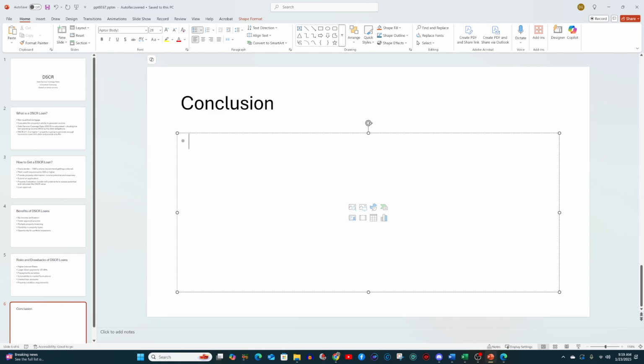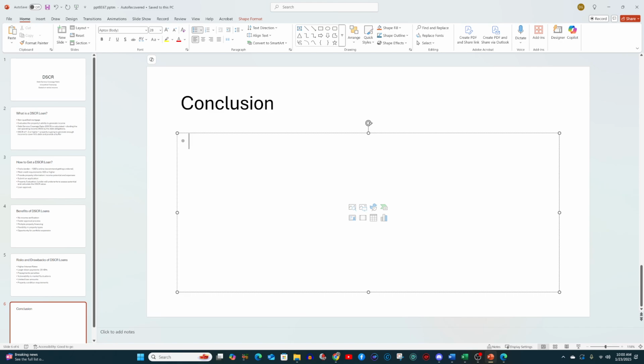Do your due diligence, do your research, look into various options that you may have, and understand the pros and cons. You don't want to make a rash decision. You want to make an informed decision and ensure that DSCR loans align with your investment strategies and goals.